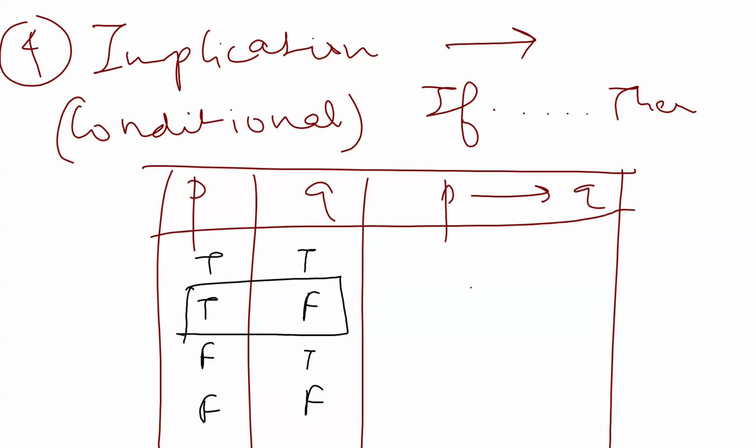So only TF is F. Remaining everything else is true. This is the implication, conditional.